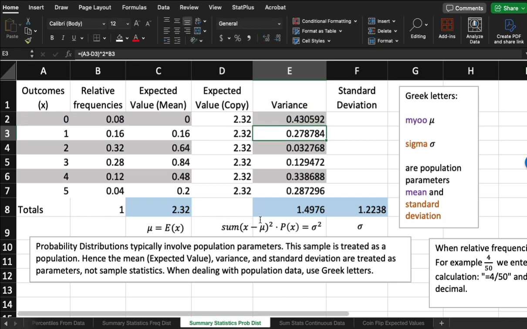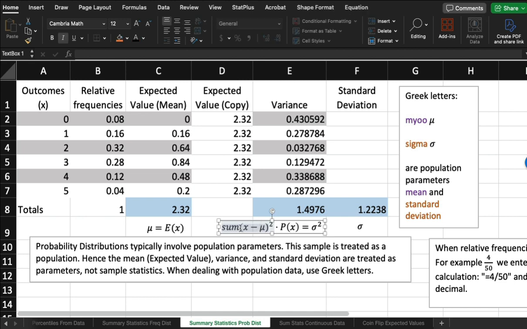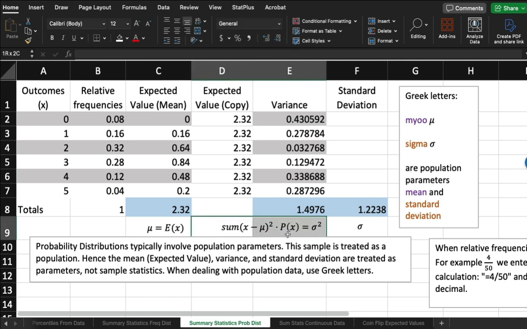So the way you would see that formula in a textbook is down here, which I typed in for you so that you could actually see what that looks like. Basically, what we've translated into cell references is x minus mu, the quantity squared, times p of x, or the probability of x.